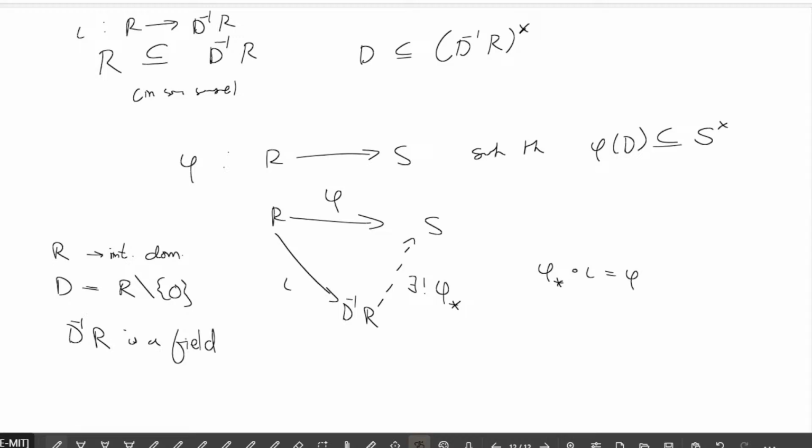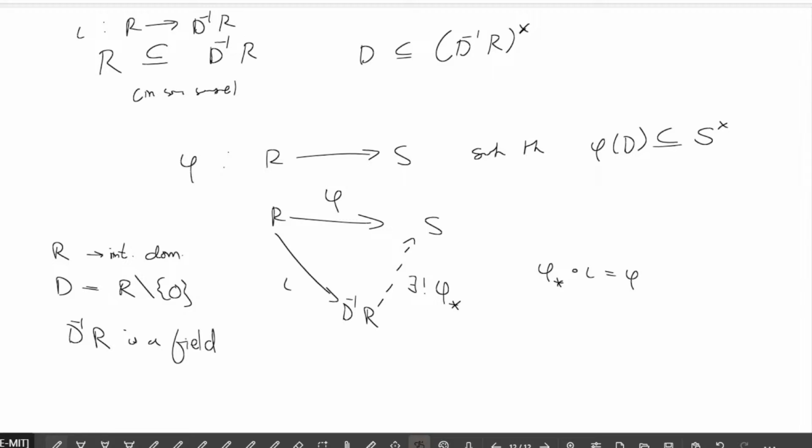In fact, this will be a field, and R will be contained in that. So D inverse R is a field. From the universal property, it is the smallest field into which R can be embedded. That is the universal property.